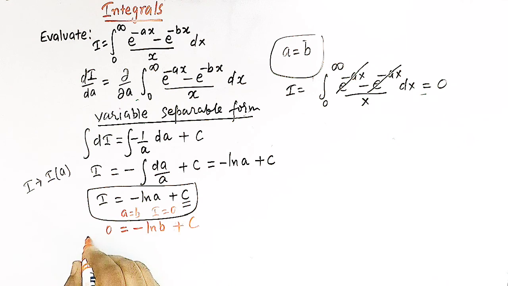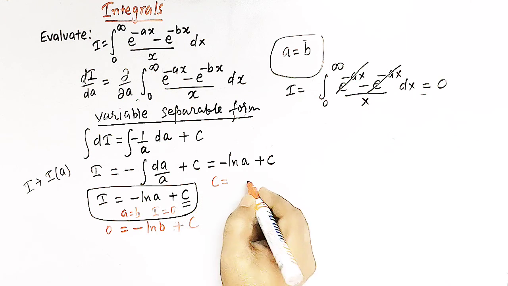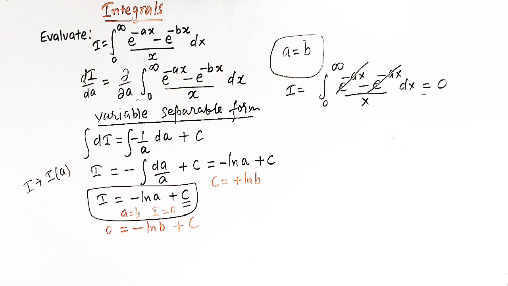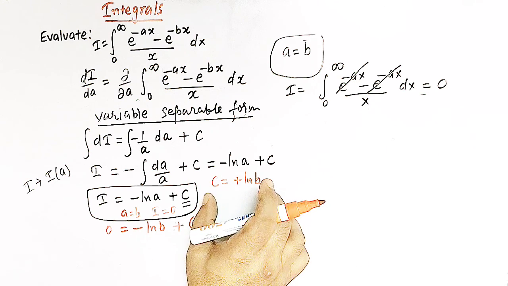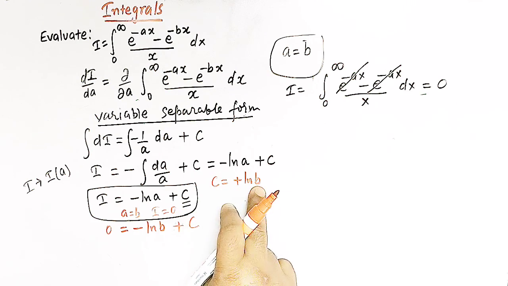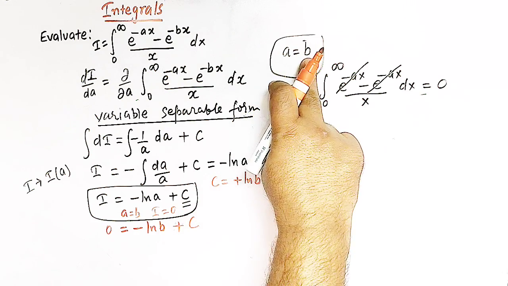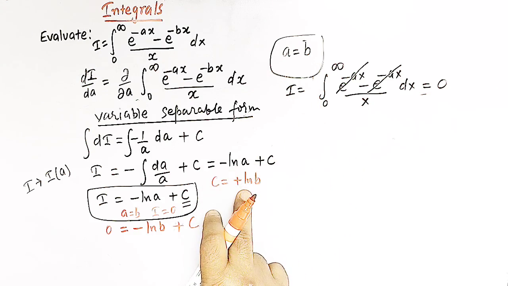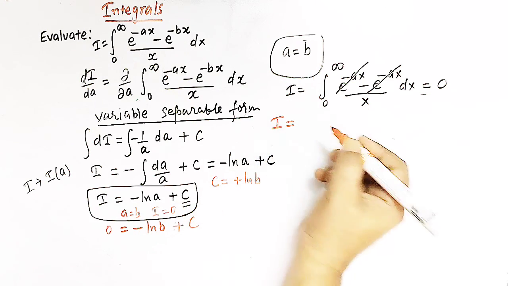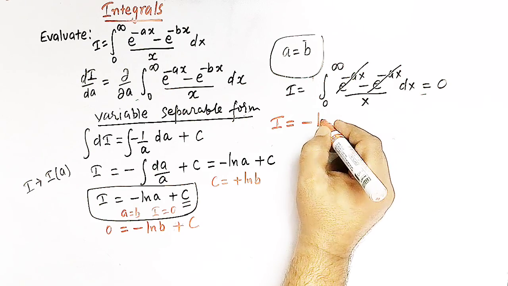So taking this term to this side, the value of c is equal to positive natural log of b, right? So the constant of integration c has this value natural log of b when we take a is equal to b.